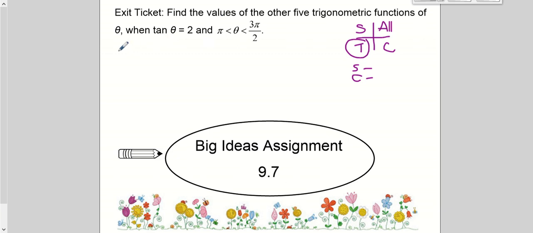Okay. Tangent theta is 2. And 1 plus tangent squared theta equals secant squared theta. Put your 2 in for tangent and solve.